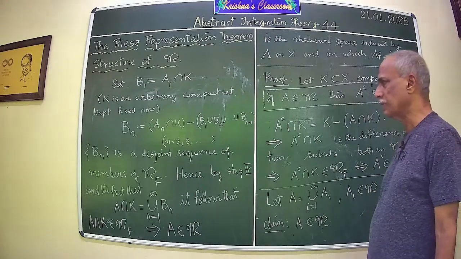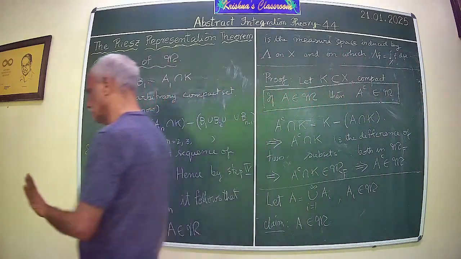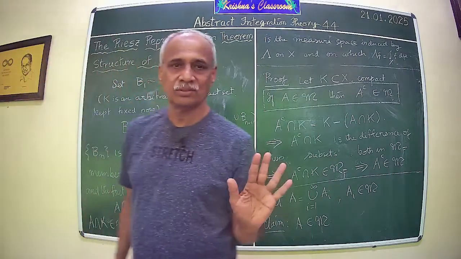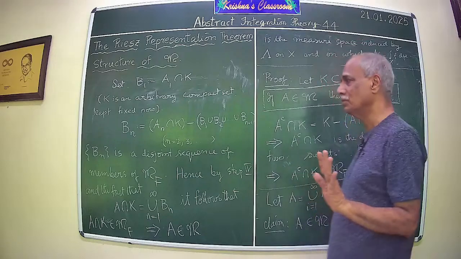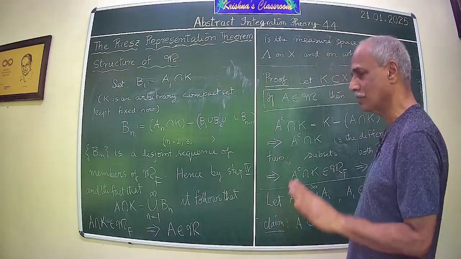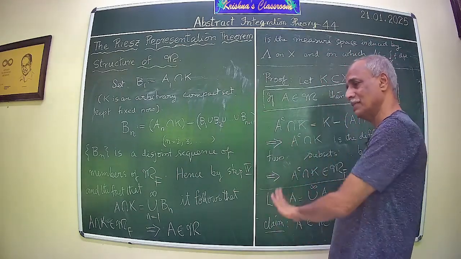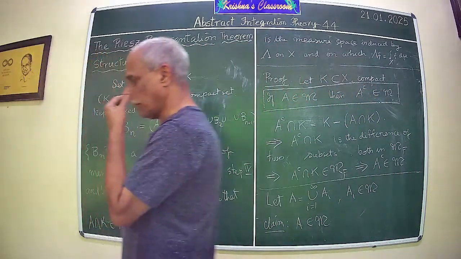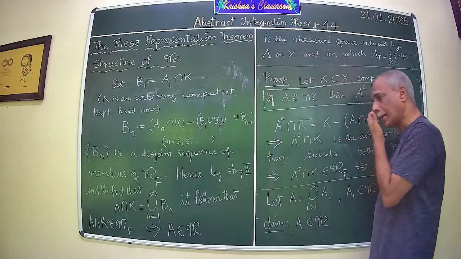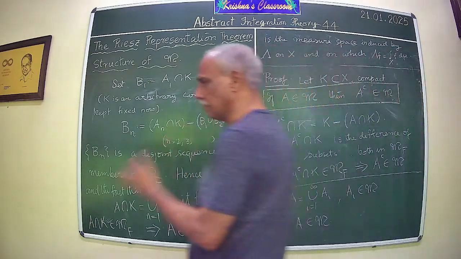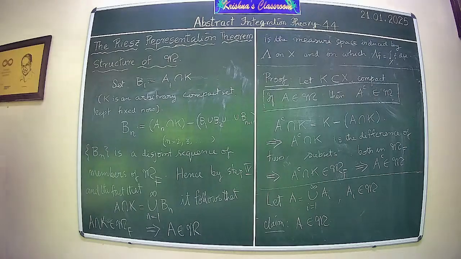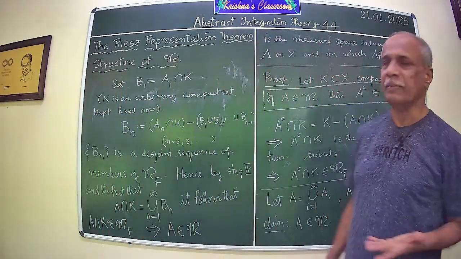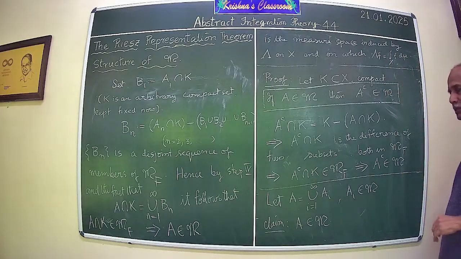So it follows that X belongs to M, because X intersection K is always in MF, because every K is in MF. That's the reason. Secondly, for any A in M, its complement is also in M. That's what we proved.